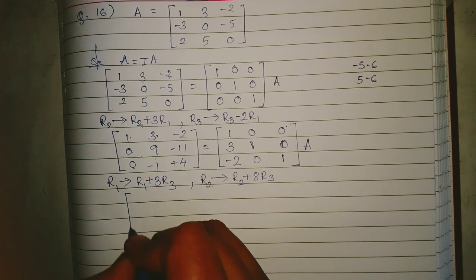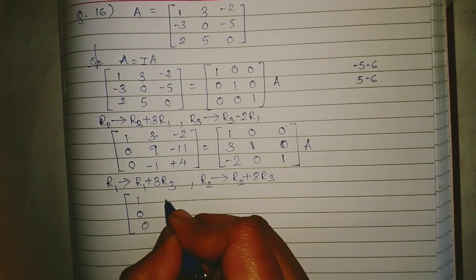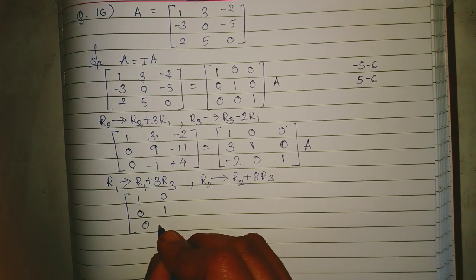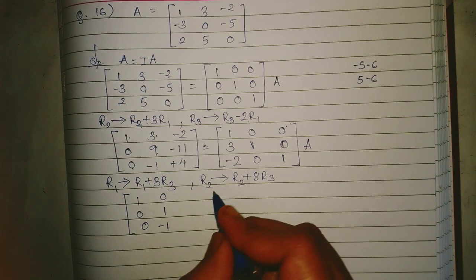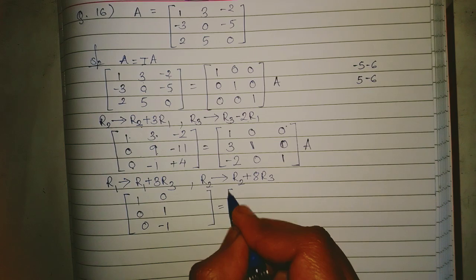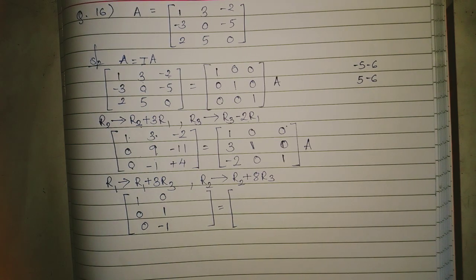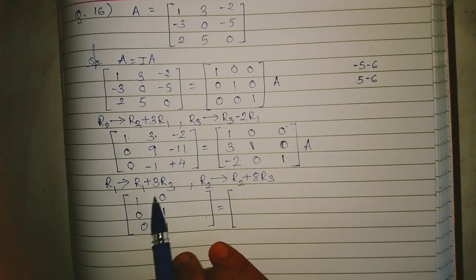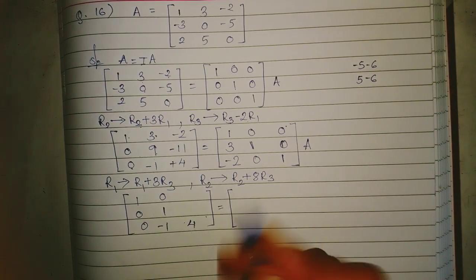Okay, so you'll get here 0 1 minus 1, so R3 remains same.